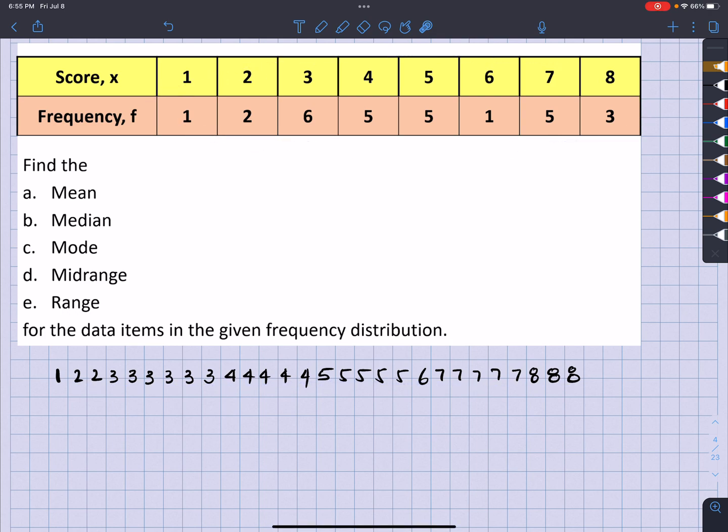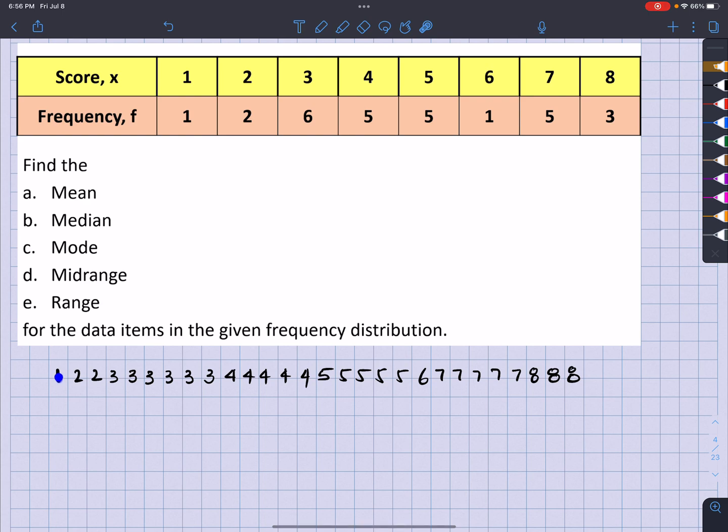Okay, so the nice part about the frequency distribution to find the mean is that the frequency is all right here. So I can just add all of this up and I'll get how many pieces of data I have. I can write it out and add these all together as well, right?